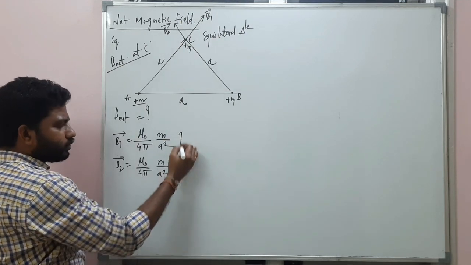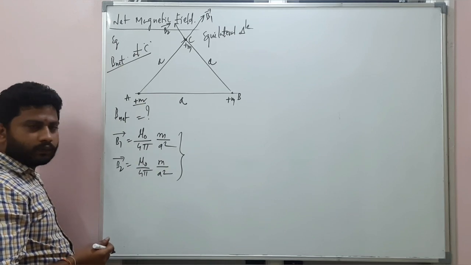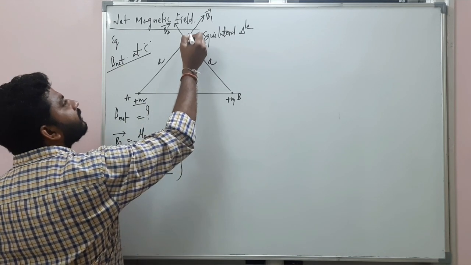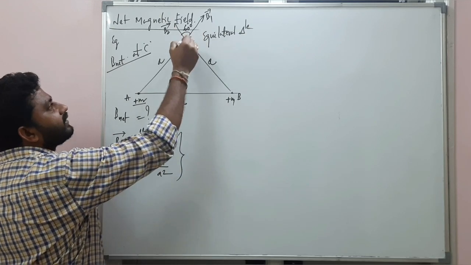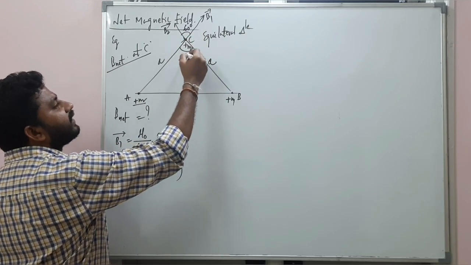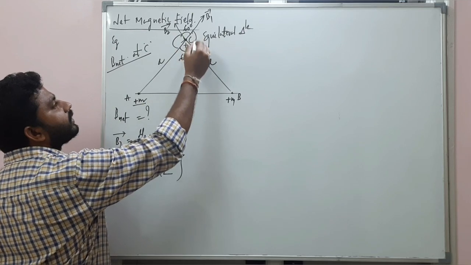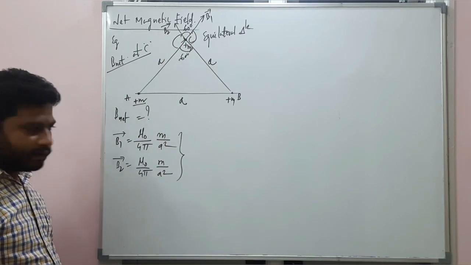So when these two are the same, what is the angle between them here? This is 60 degrees, as it is an equilateral triangle. This is 60 and this angle will be 120 and this is also 120.